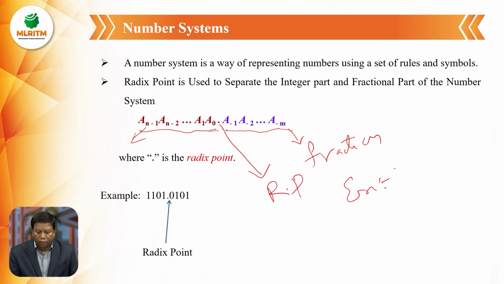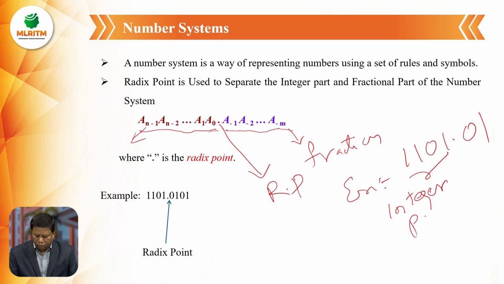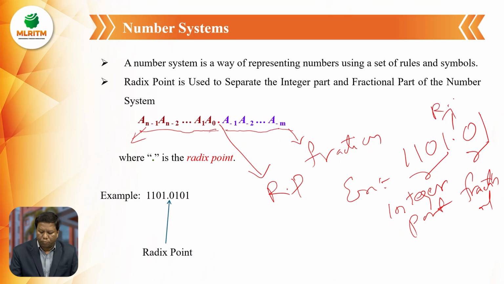An example for the radix point is 1101.01. 1101 is what we call the integer part, and .01 is the fractional part. The dot is the radix point.